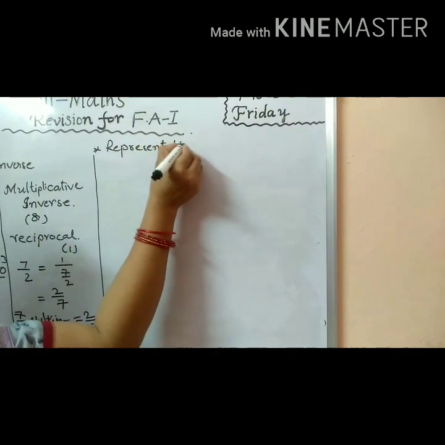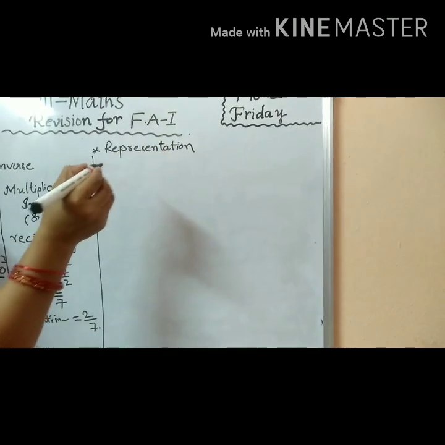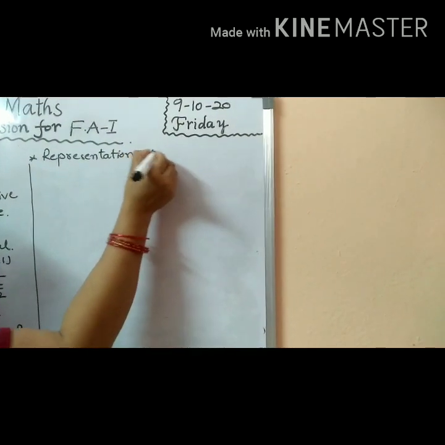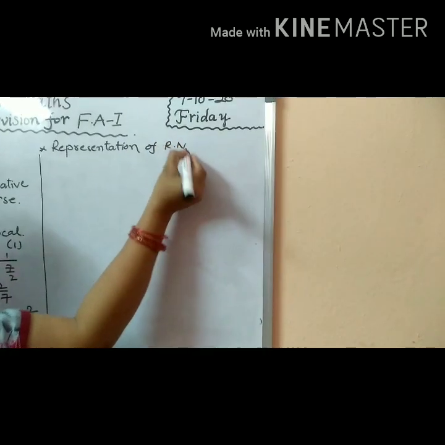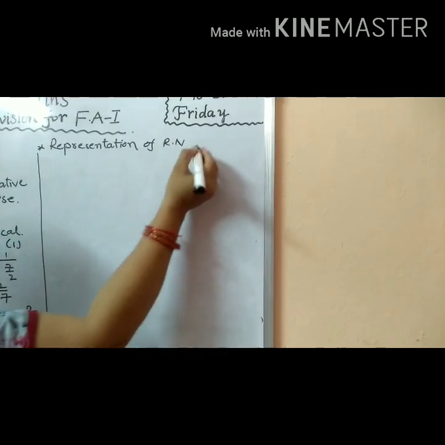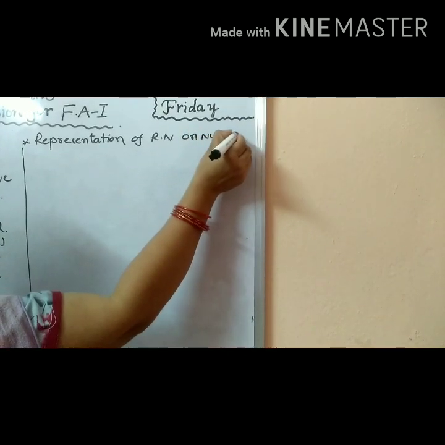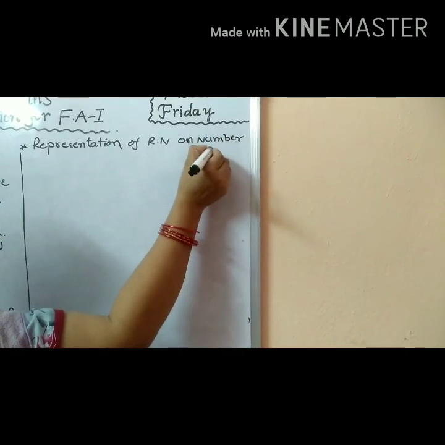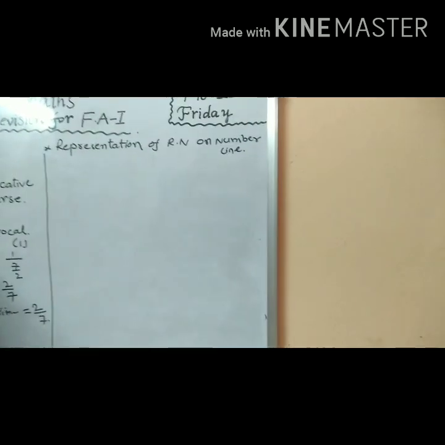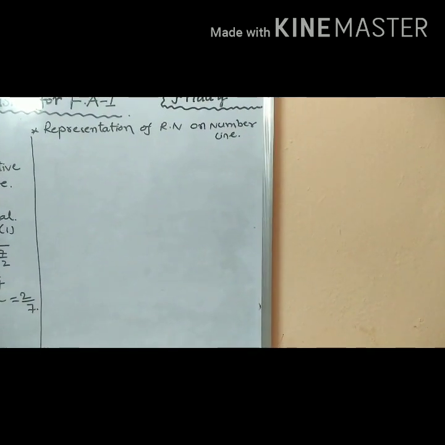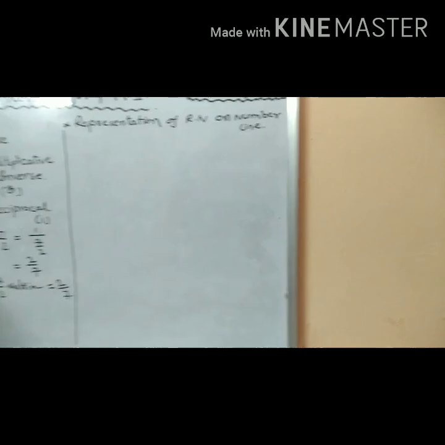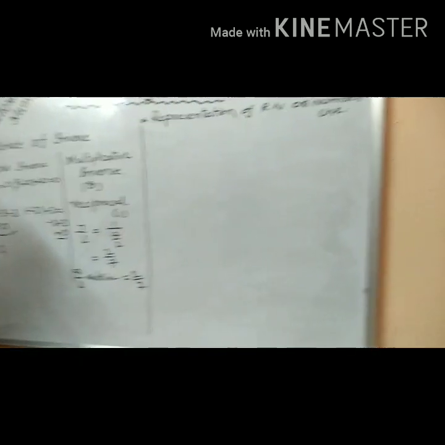Representation of rational numbers on a number line. Okay, already we learned natural numbers, whole numbers, integers, and we know their representation on the number line.